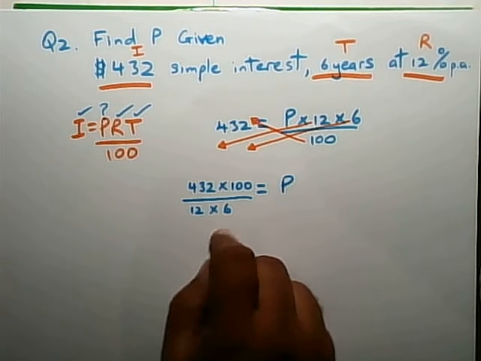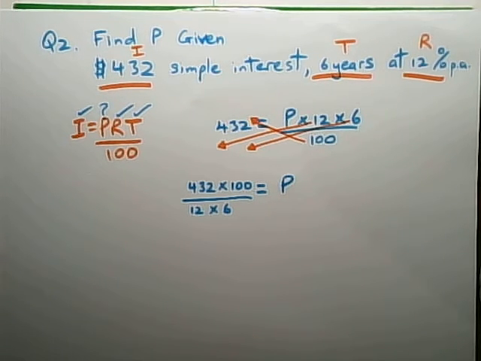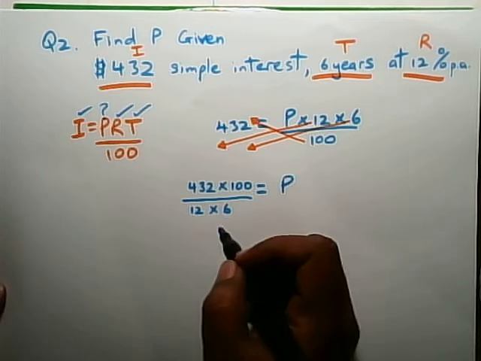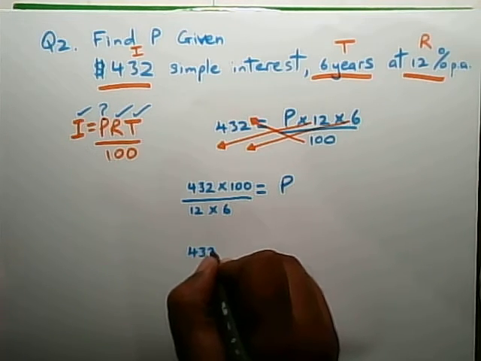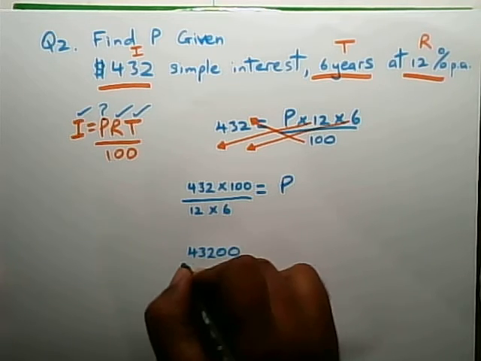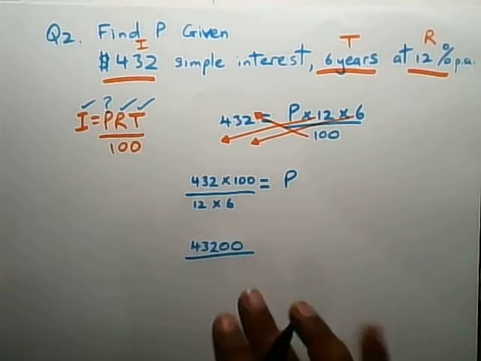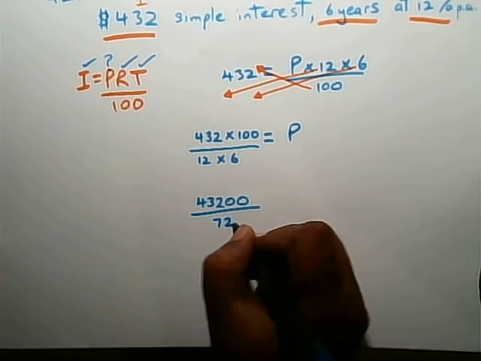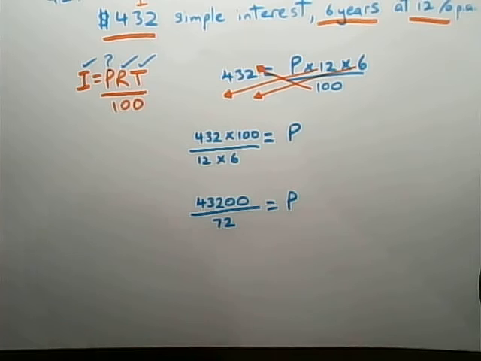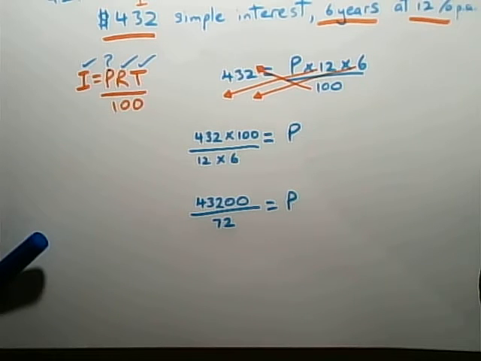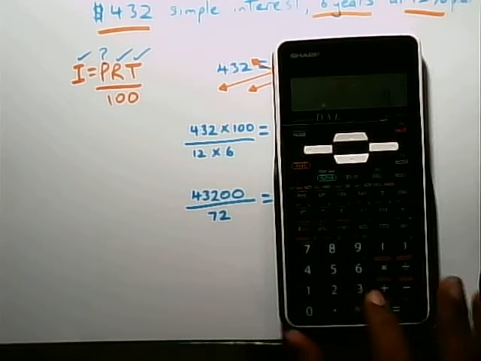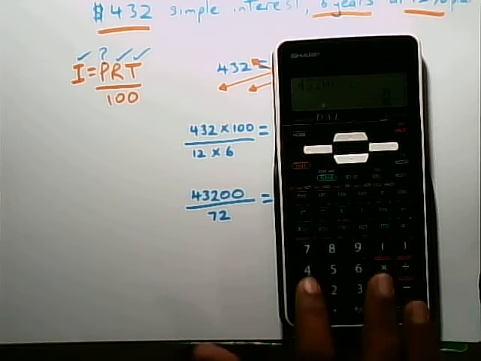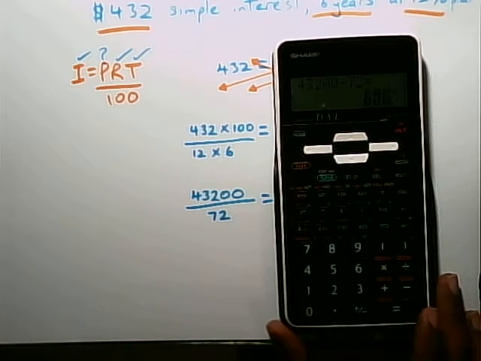So now time to use the calculator and work that out. It will be 43200 all over 12 times 6. 6 12s are 72. 43200 divided by 72 is 600.